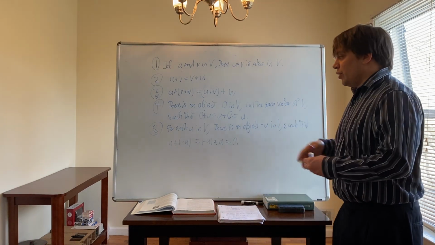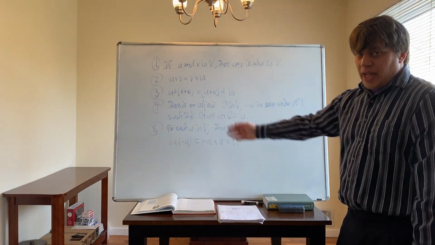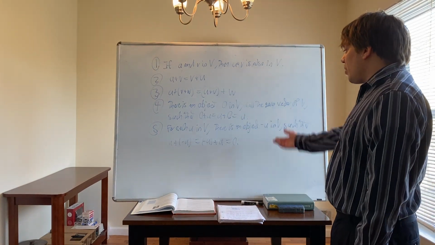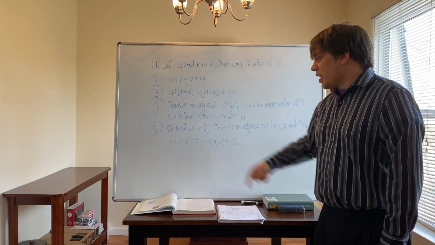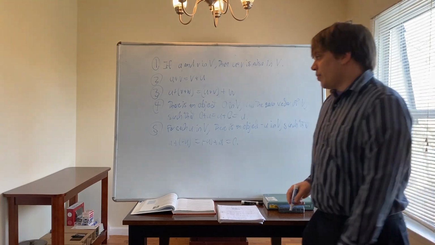Okay, so for each vector u, for each object u in set capital V, there's an object negative u in capital V such that u plus negative u equals negative u plus u equals 0.